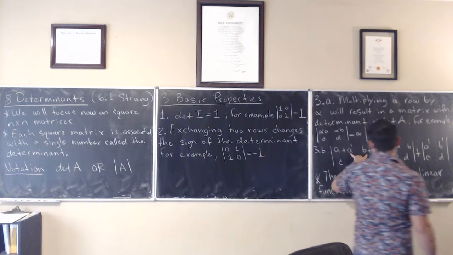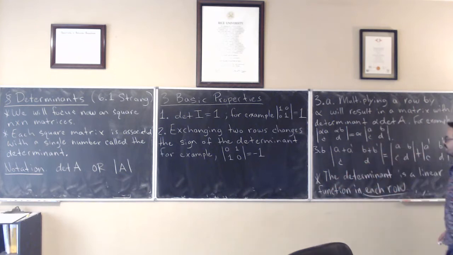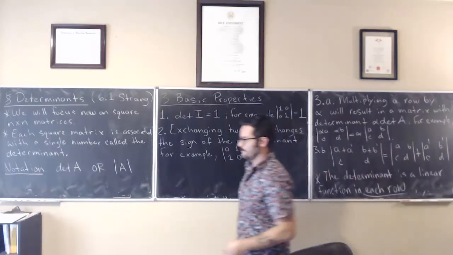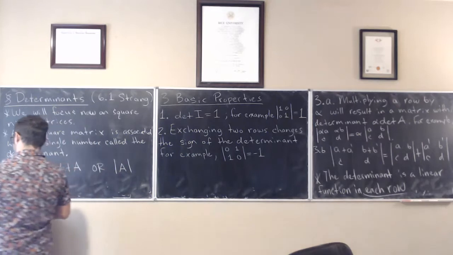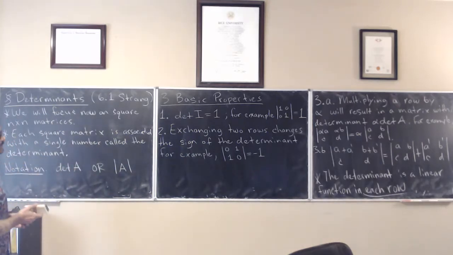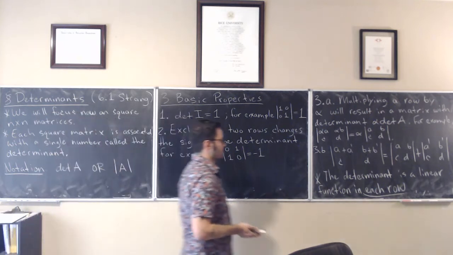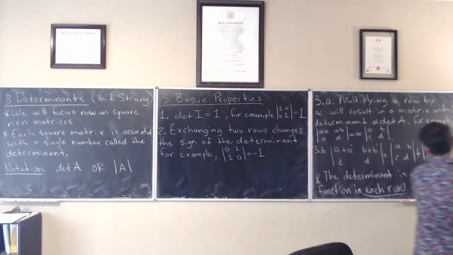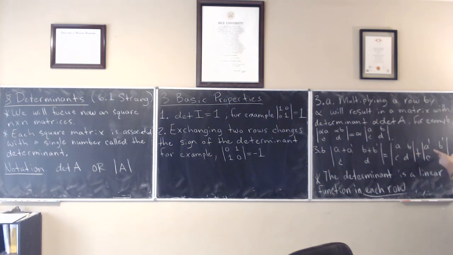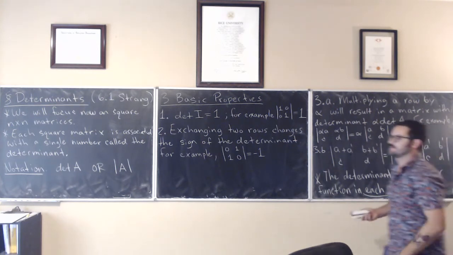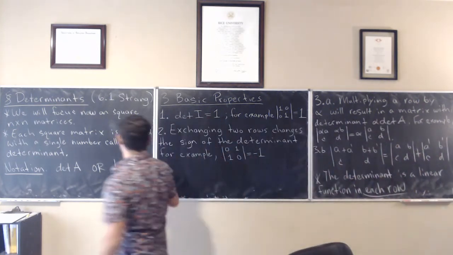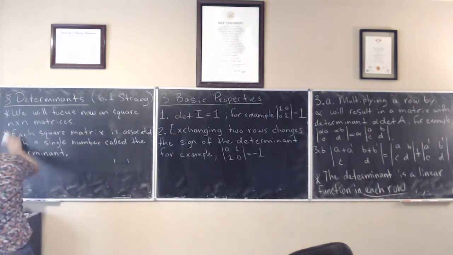If you add to each entry of the row, then we have a sum of determinants, but this is only per row, or 1 row at a time. Okay. If you also added to this row, then you would have a 3rd matrix over here. You'd split it up 1 at a time and just think of this as the base property. So these are the basic properties.